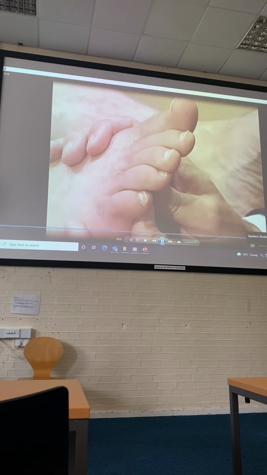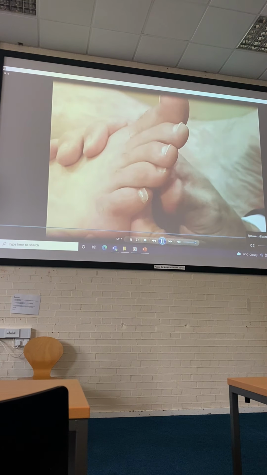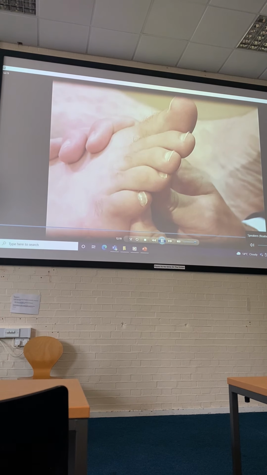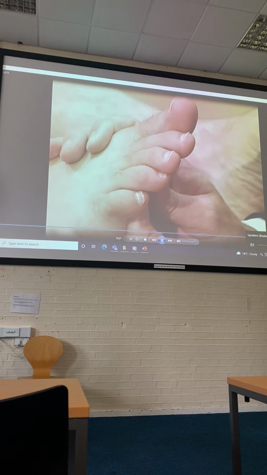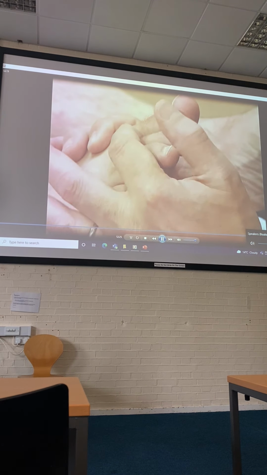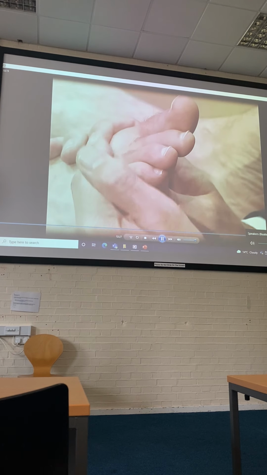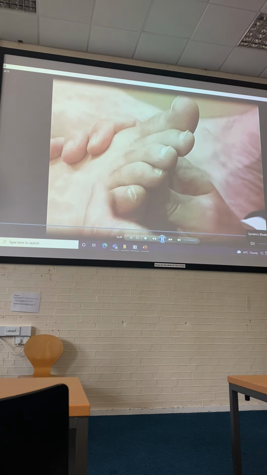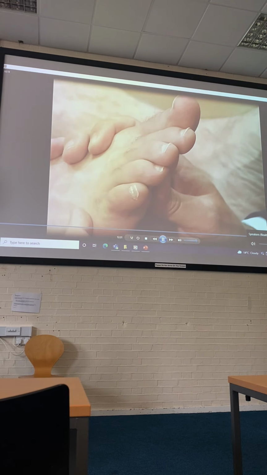The obvious and most common cause for that would be rheumatoid arthritis, but all of the inflammatory arthropathies, ankylosing spondylitis, Reiter's disease, psoriatic arthritis, will cause joint problems either at the metatarsophalangeal joints or the interphalangeal joints, or sometimes both.